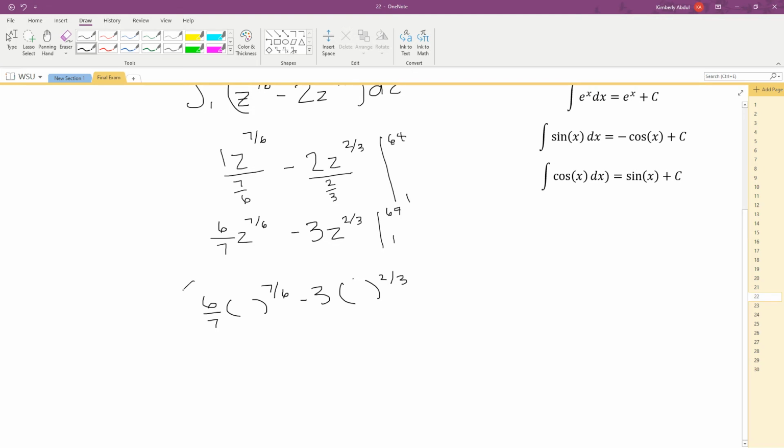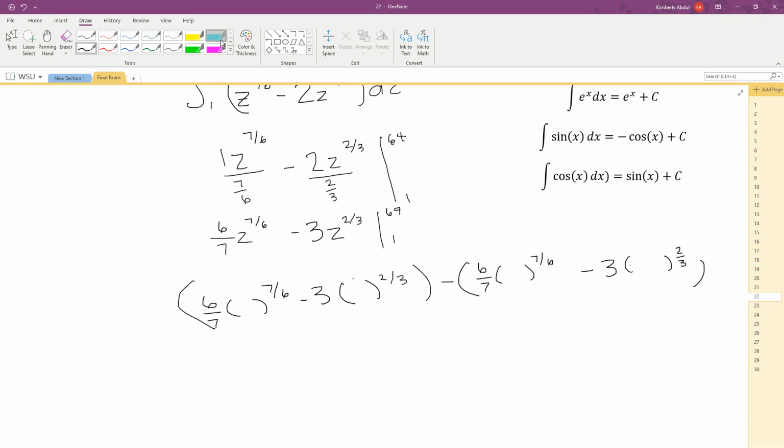So I'm going to write it 2 times, and I'm going to have them both in parentheses here. So minus, and again, big parentheses, 6/7 parentheses to the 7/6 minus 3 parentheses to the 2/3.